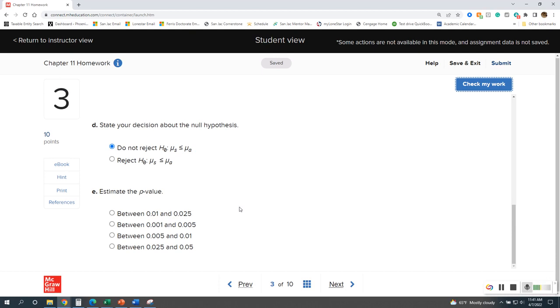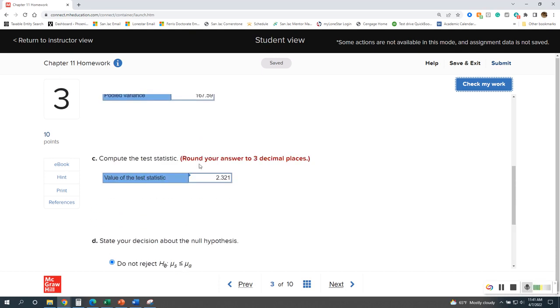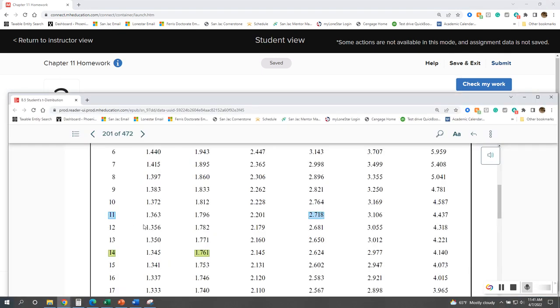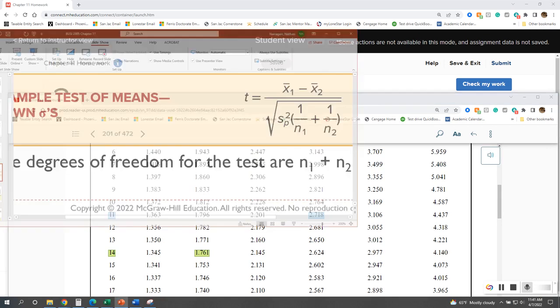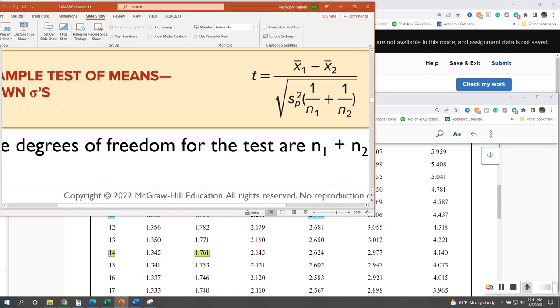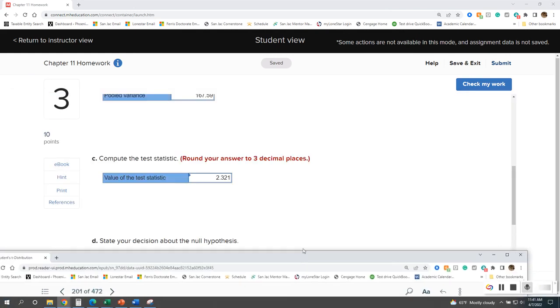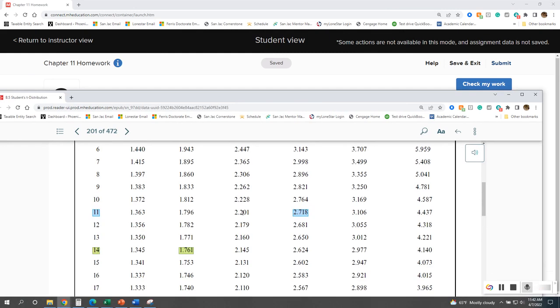And now it's time to estimate the p-value. So again, we go look up that 2.321 on our chart. Since it was 11, we look up right there, 2.321. And it's going to fall right in between these two.